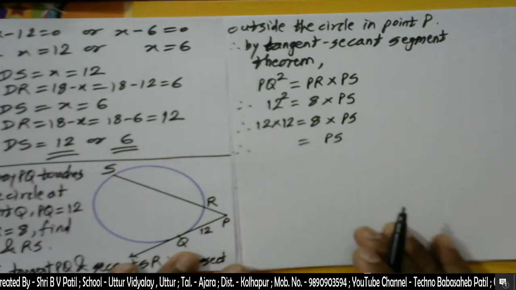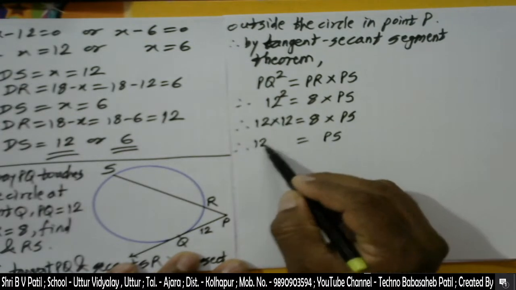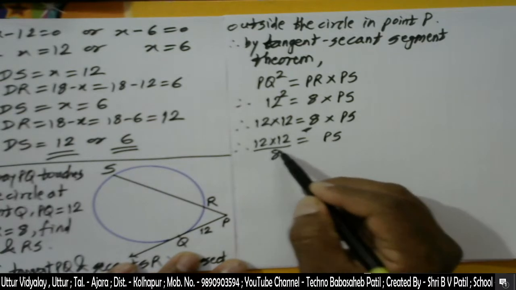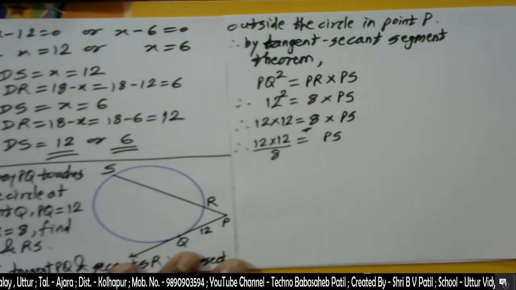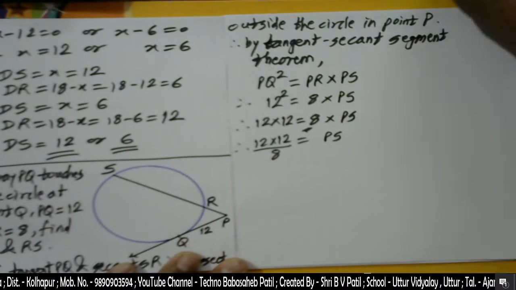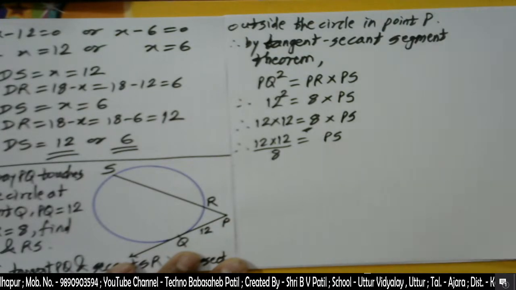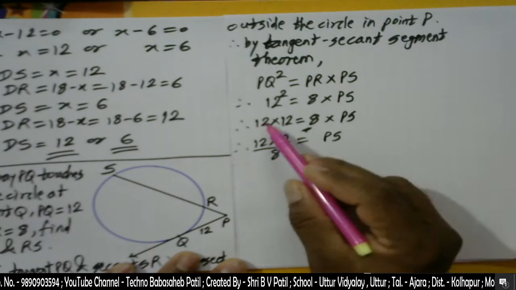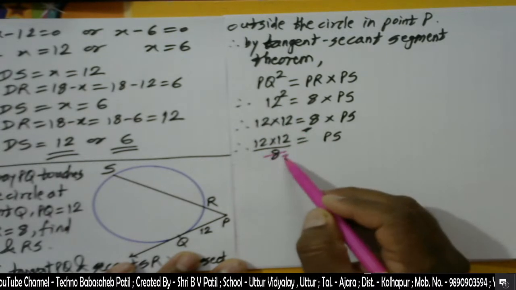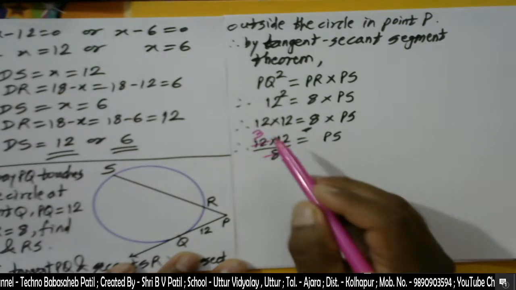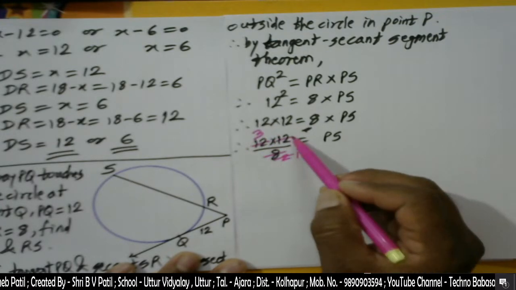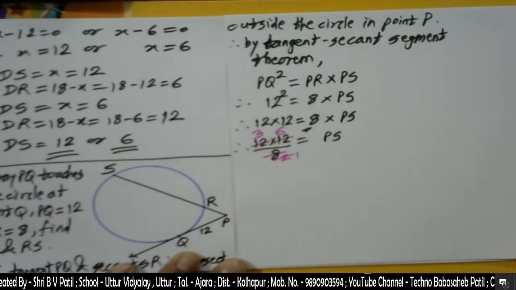Therefore, PS is equal to what? 12 into 12, the 8 multiplication, taking on the other side, it becomes divide. 12 square means we write 12 two times. 4 twos are 8, 4 threes are 12, 2 ones are 2, 2 sixes are 12.